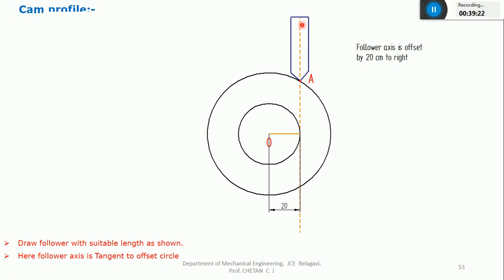This is the axis of the follower, and this is the axis of the cam. So they are some distance apart, that is 20 mm, which is given in the problem. While explaining the offset type of follower, I explained what exactly the offset cam and follower is. You can go through that so that it will be clear.